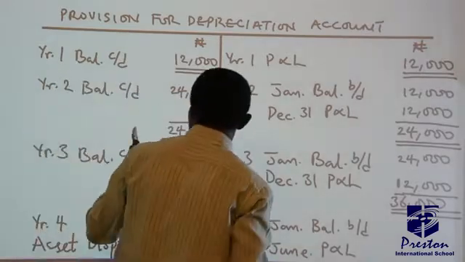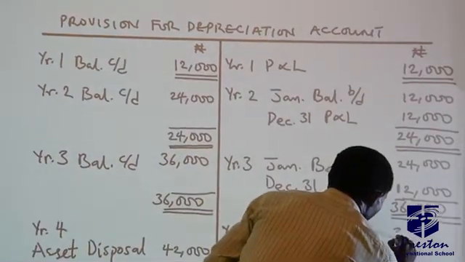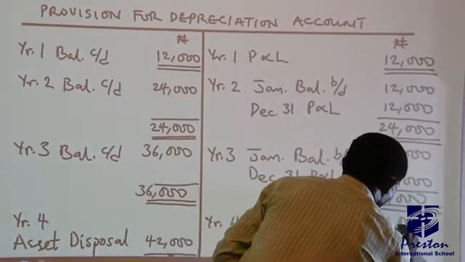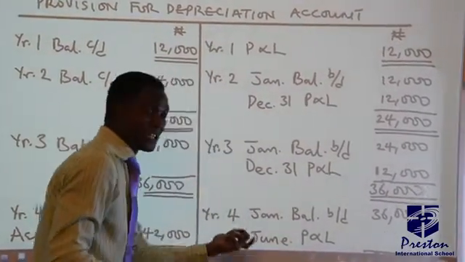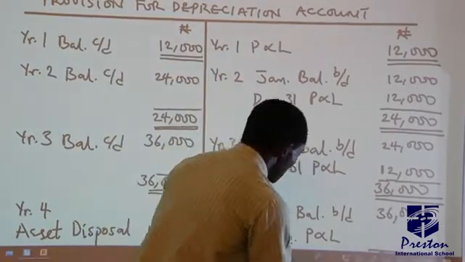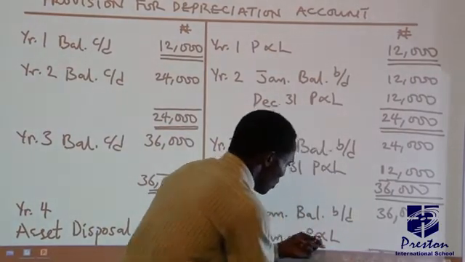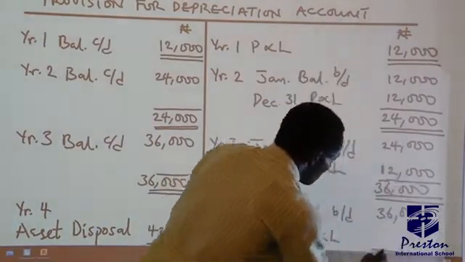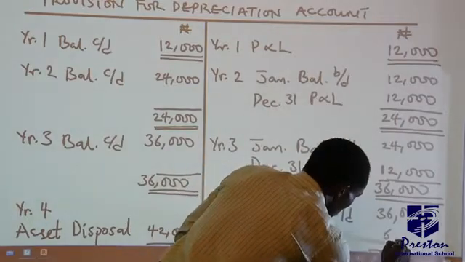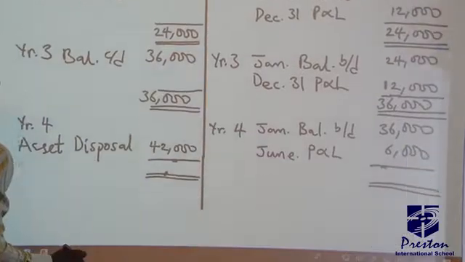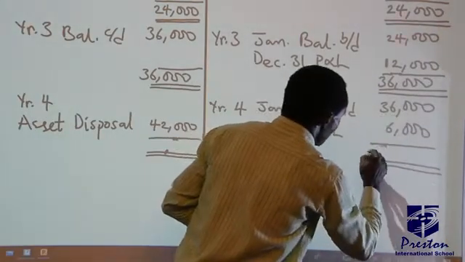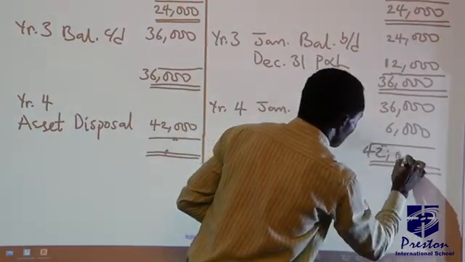And in year 4, it becomes our opening balance, 36,000 naira. And remember, in year 4, the depreciation only stopped in June, and calculating it will be 10% of 60,000 naira, which is 6,000 naira. The addition will now give us 42,000 naira.